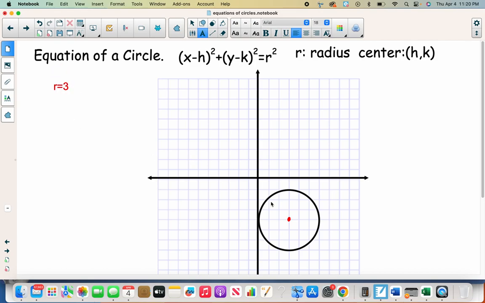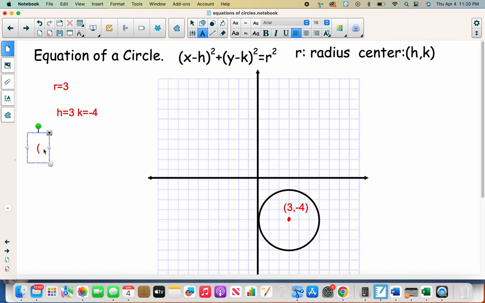And then the center of this circle is at 1, 2, 3, 1, 2, 3, 4. So this circle's at 3 comma negative 4, right? And so what is my h and k? H equals 3 and k equals negative 4. So now I have all the information I need to write the equation of the circle.